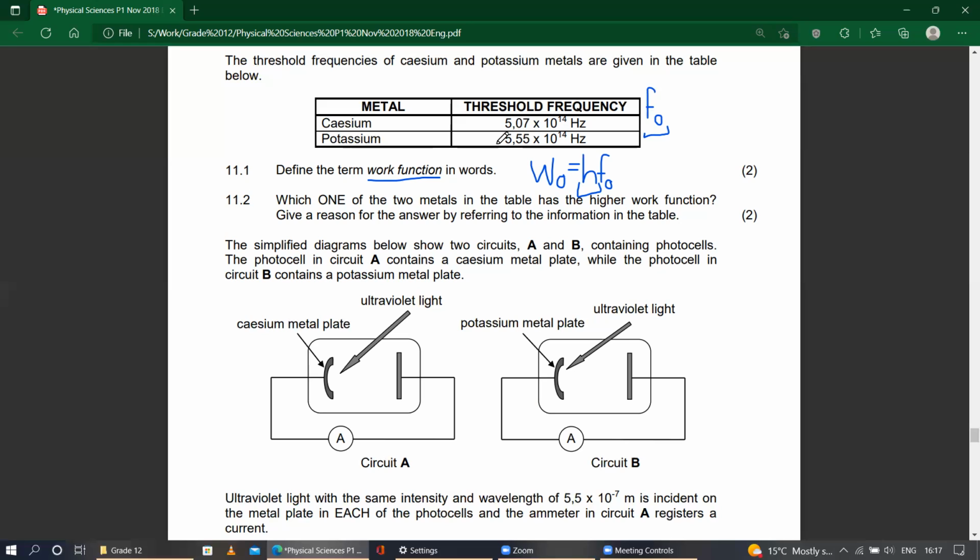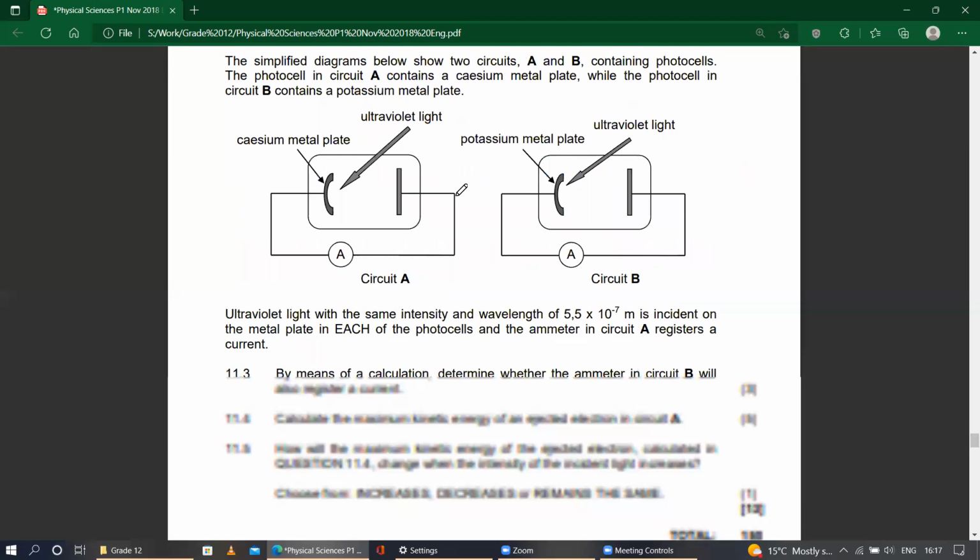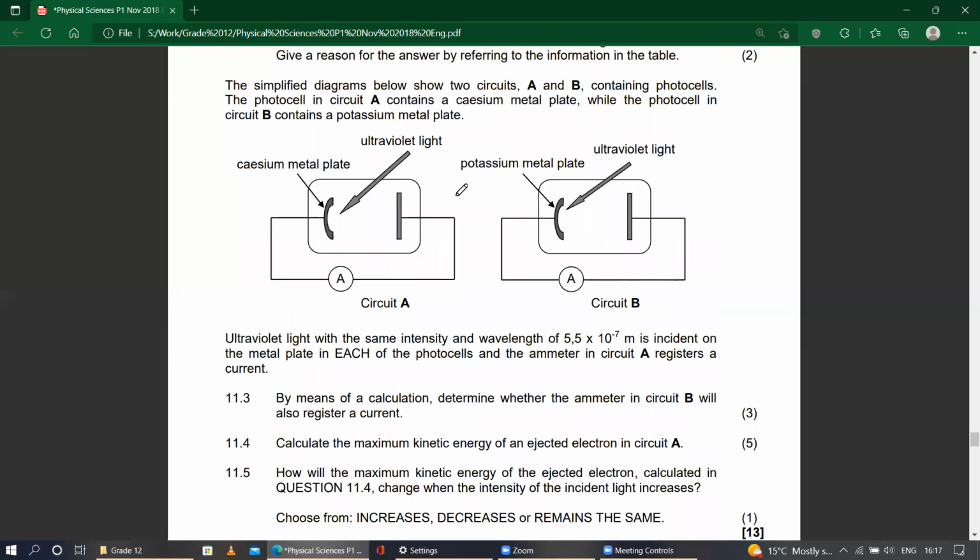Then we're gonna go to this section where they say the simplified diagrams below show circuits A and B containing photocells. The photocell in circuit A contains a calcium metal, while the photocell in B contains a potassium metal plate. So ultraviolet light is shown on the potassium metal plate and the calcium metal plate.